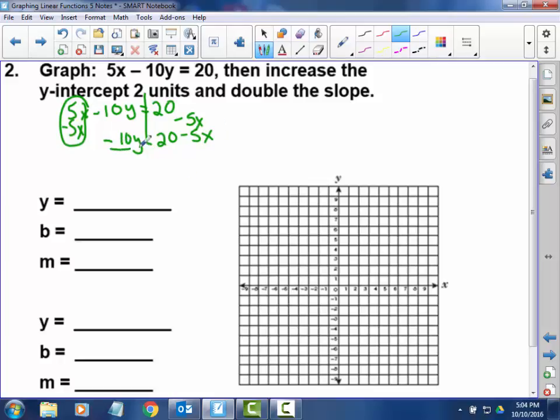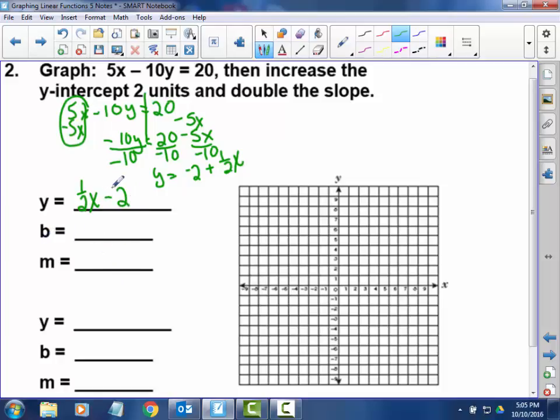Now we have to divide it up. So we divide by negative 10, which is the coefficient of y. And we have y equals negative 2 plus 1/2 x. And then to put it into the slope-intercept form, we'll write it 1/2 x minus 2.